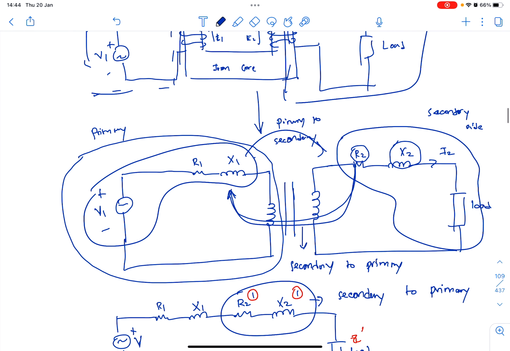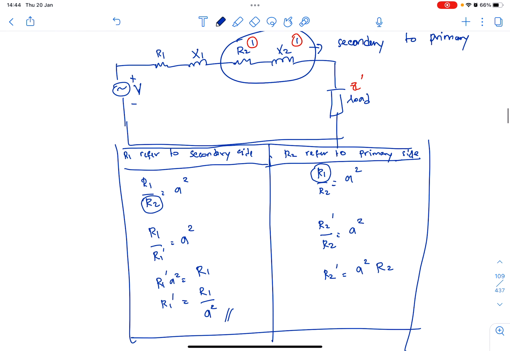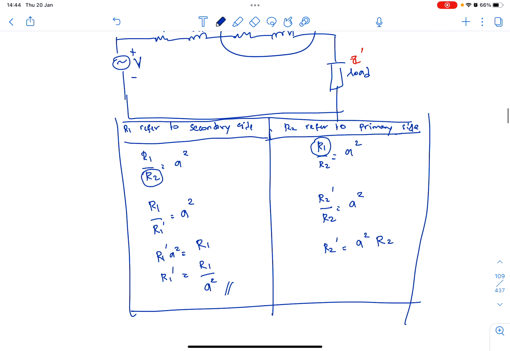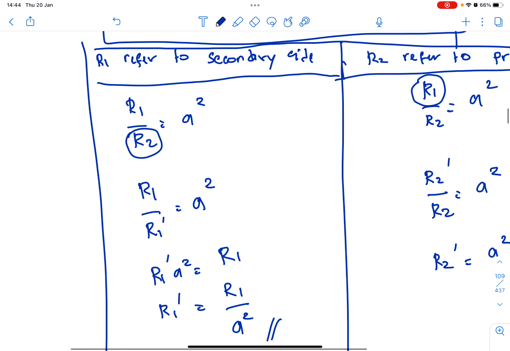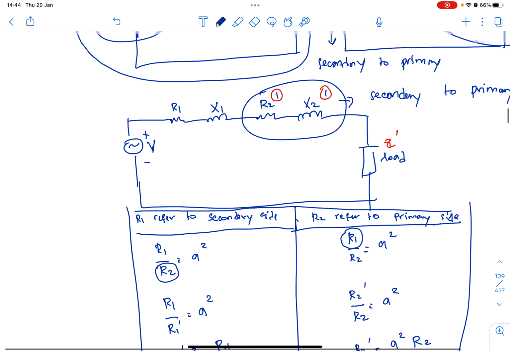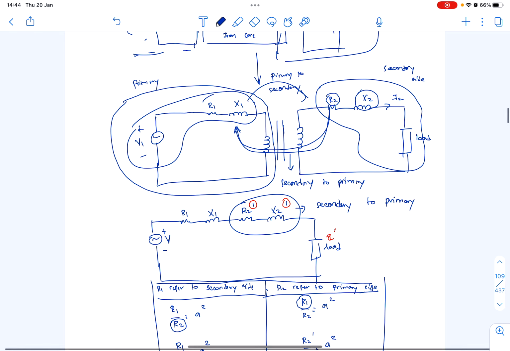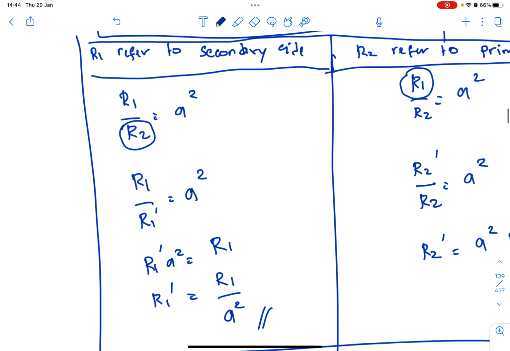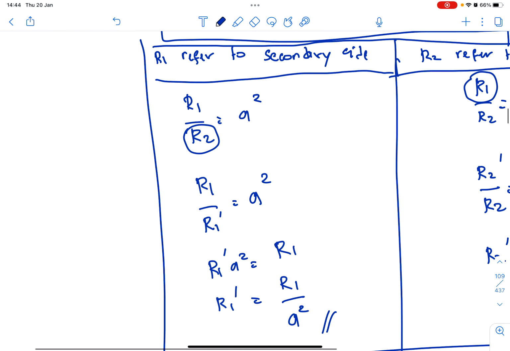So how do you transfer this R2 to R1? Let's look first at R1. Let's say you want to transfer this R1 to the secondary side. So let's focus first on the primary R1 referred to the secondary side.